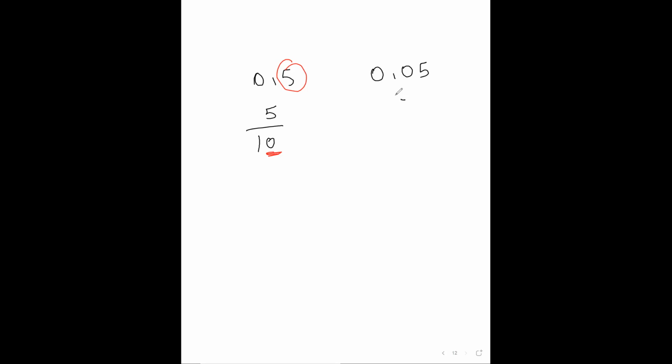Okay. Can you explain again? See, when we had 0.5, you can write that as 5 by 10. Yes or no? Hiba?